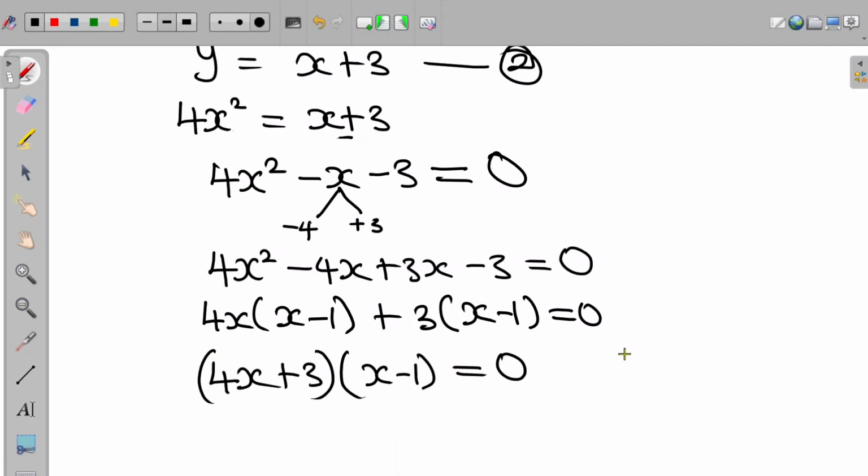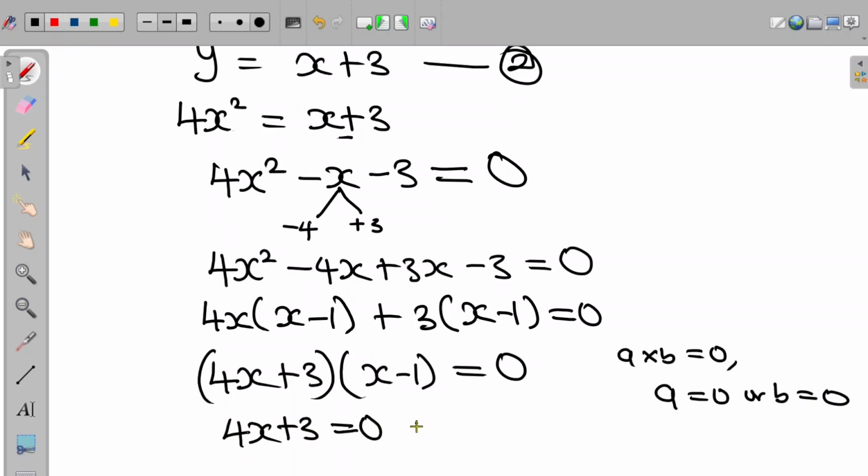Now recall that if a times b is equal to 0, it is true that a is equal to 0 or b is equal to 0. Thus, we have that 4x plus 3 is equal to 0 or x minus 1 is equal to 0.